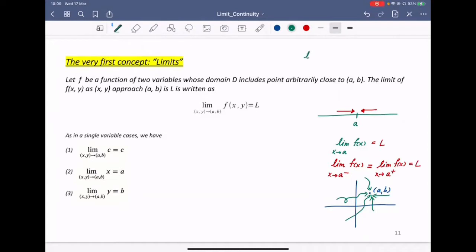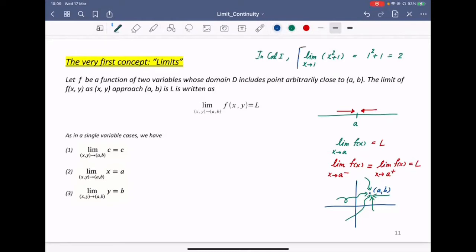So in Cal 1, if you have the limit of x squared plus 1, for example, where x goes to 1, you used to say that the easy way to do this is to think that x squared plus 1 is a continuous function, right? And then you plug in 1. So this is just 1 squared plus 1, which is 2. Well, this is what you did in Cal 1. And we like that. This is a very good concept.